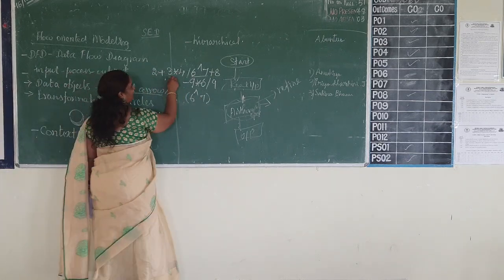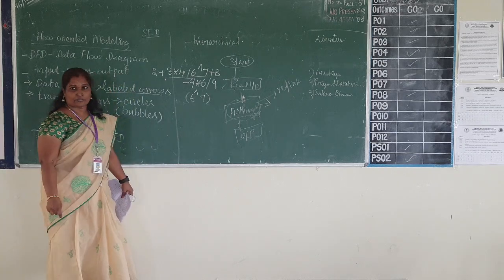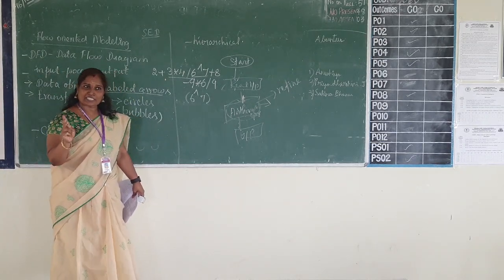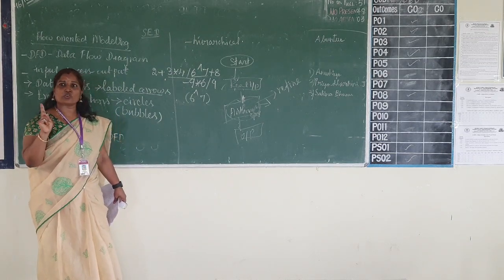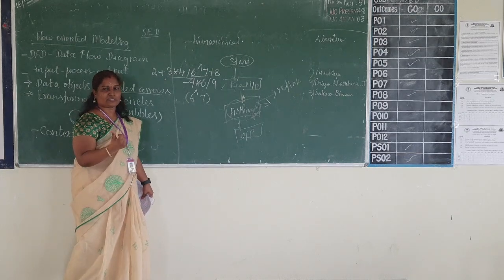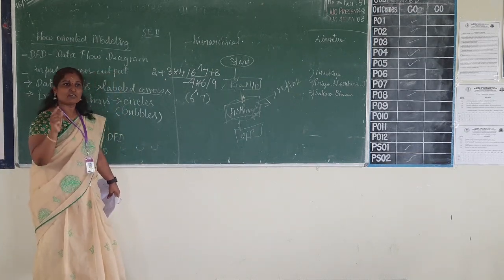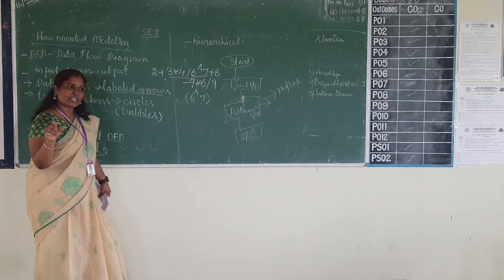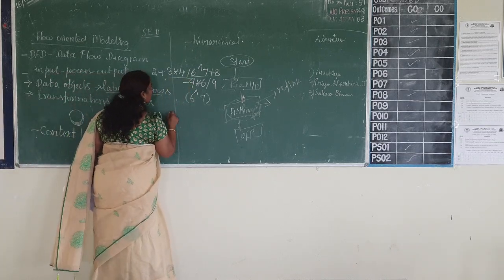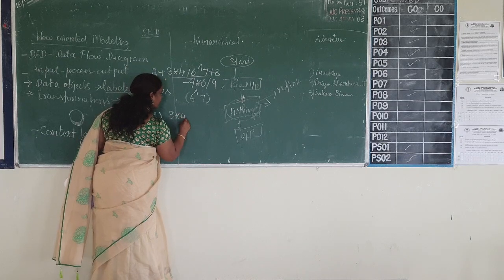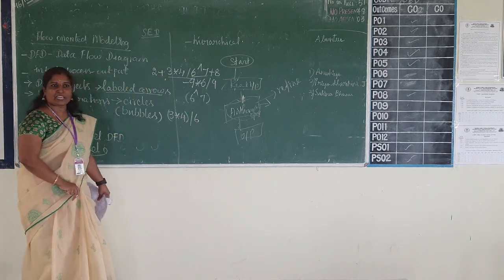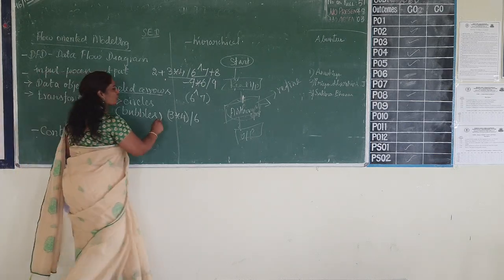And then you have multiplication and division. When there are two operators of the same precedence, we have to see the associativity, whether it is left associativity or right associativity. Multiplication and division follow left associativity, so left to right. So then what will I be doing? 3 into 4 divided by 6.